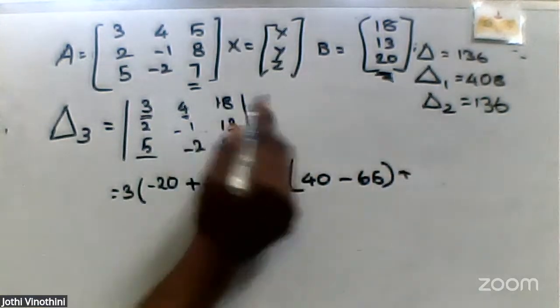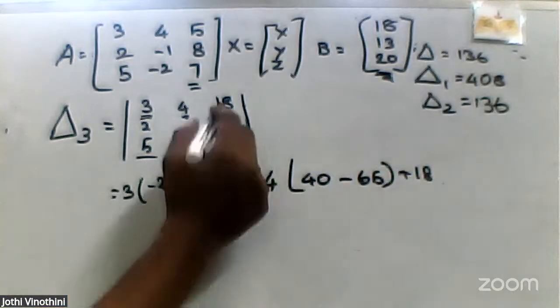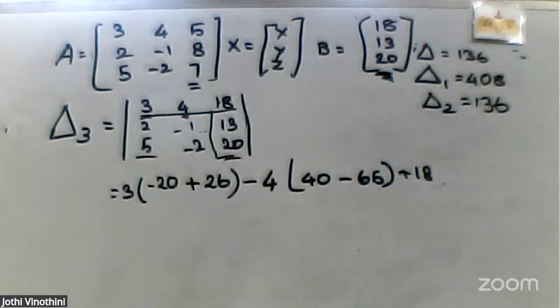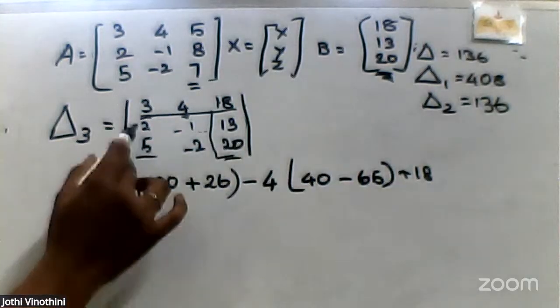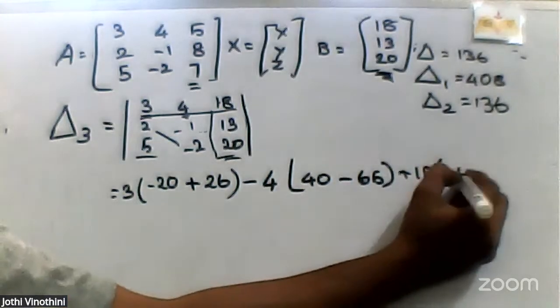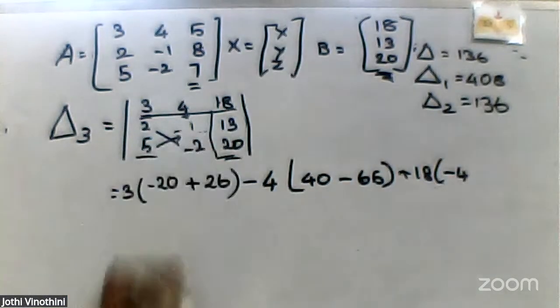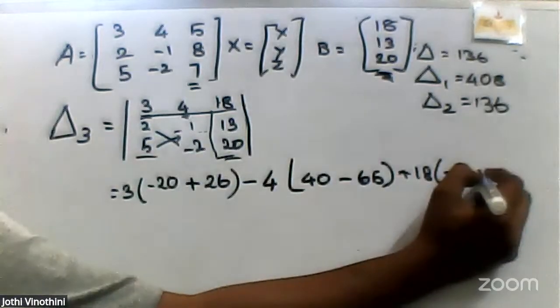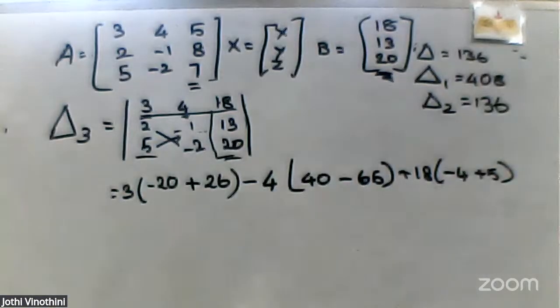And plus, what is the last element? 18. While doing for 18, we leave these things. What remains? These elements only. So cross multiplying, 2 multiplied by minus 2 is minus 4. While doing upwards, we keep another minus. So here it is minus 1. Minus 1 into minus 1 is 5. Clear?